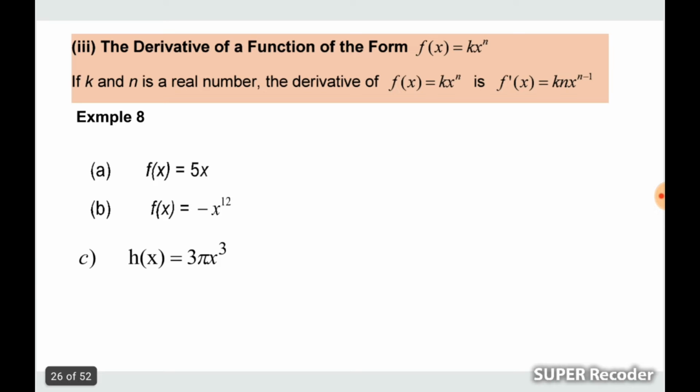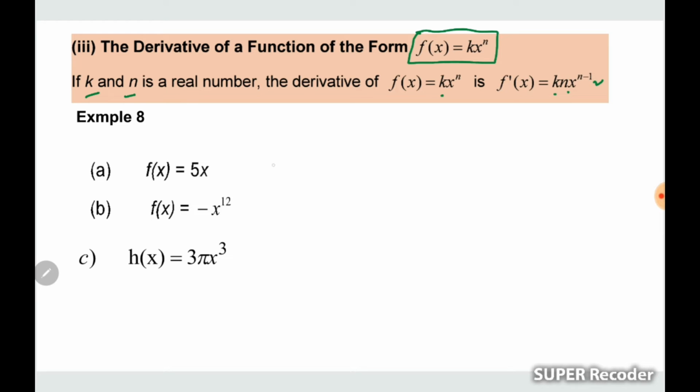Number 3, the derivative of a function of the form f(x) equals k x to the power of n. Okay, if given a function in the form of f(x) equals k x to the power of n, k and n are real numbers, the derivative is k times n x to the power of n minus 1.